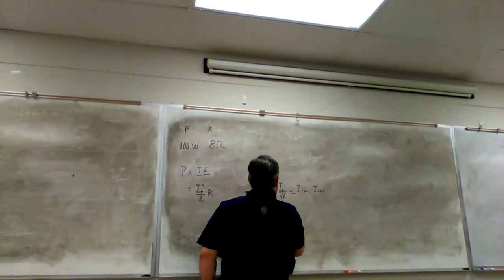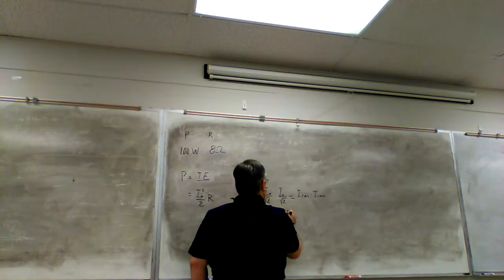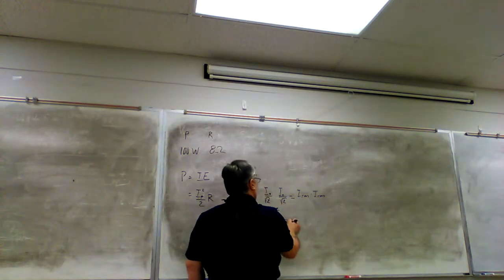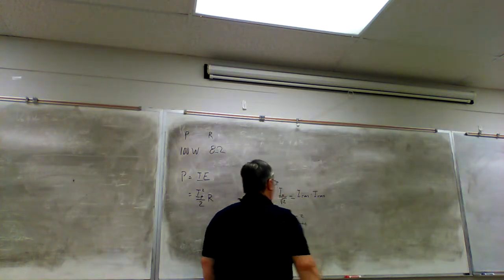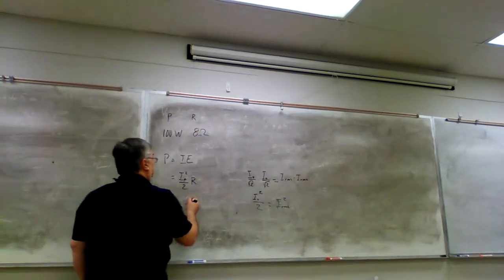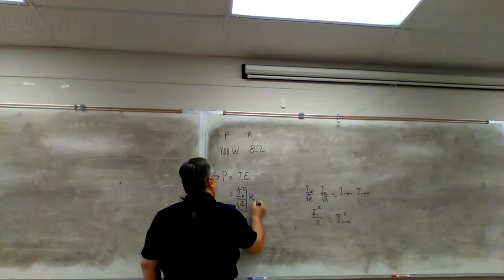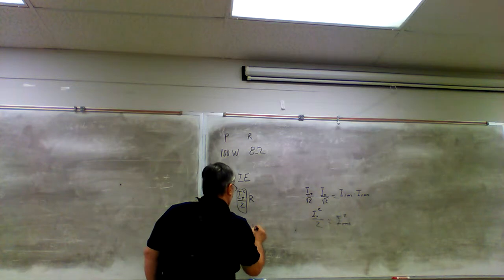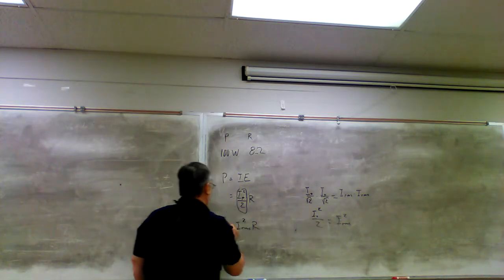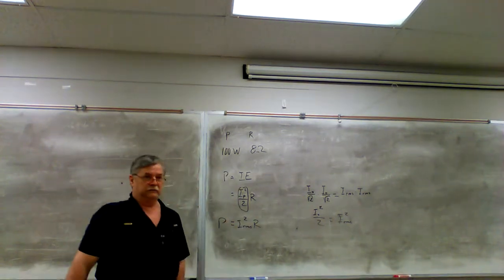So I naught squared over 2 equals IRMS squared. So this is actually equal to IRMS squared times R equals P.